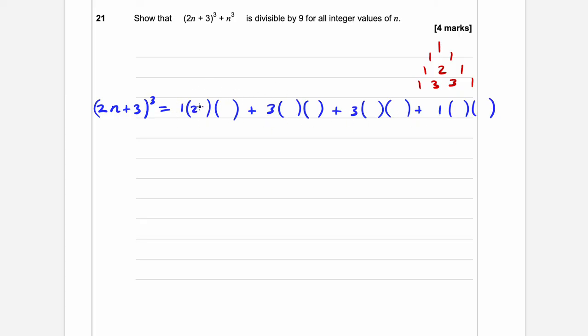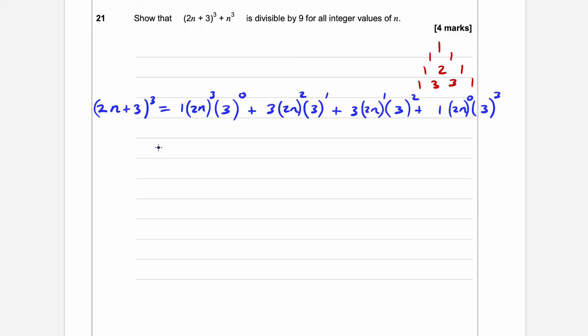First bracket, I put 2n, and the second bracket goes 3, 3, 3, 3. That's my first bracket. That's my second bracket. Same for everything. And then the power, first one goes down from 3, 2, 1, 0. And then this one goes up from 0, 1, 2, 3.